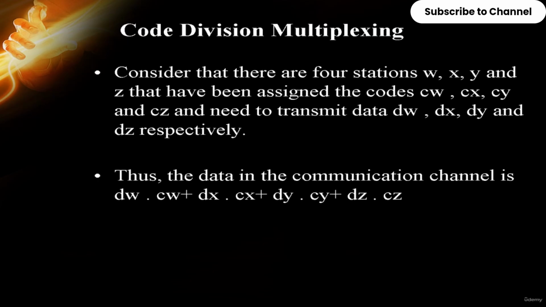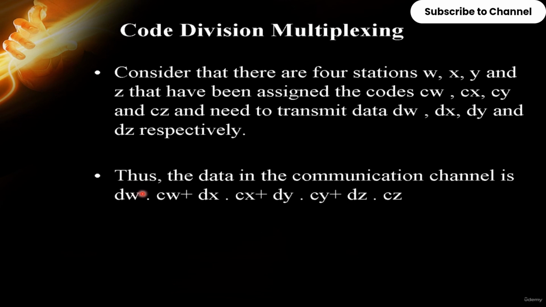For example, assume there are 4 stations named W, X, Y and Z, and these stations are assigned the codes CW, CX, CY and CZ, and they need to transmit the data DW, DX, DY and DZ respectively.